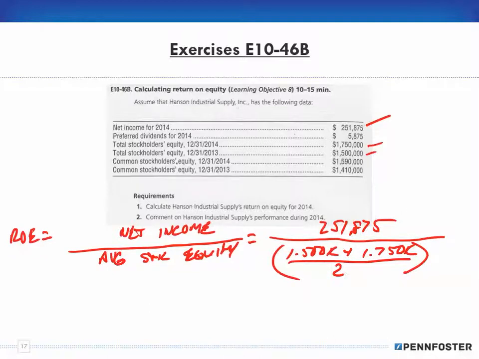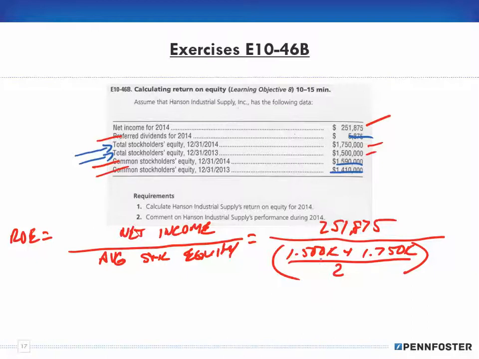We don't need the common stock beginning and ending, and we don't need the preferred, for the simple reason that it's all part of our total stockholders' equity. So that information has nothing to do with the problem.